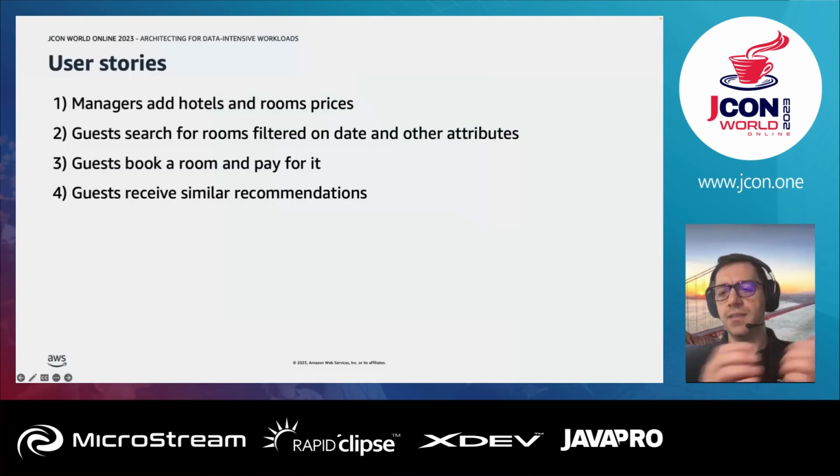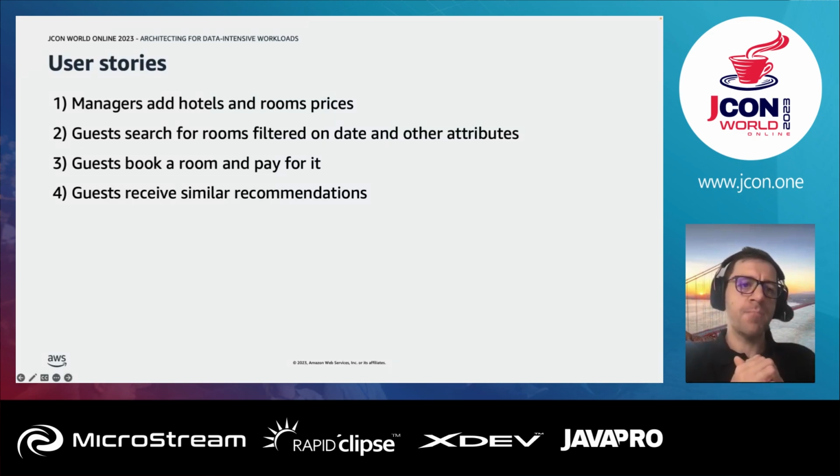How do we start such an application as a developer, maybe together with architects? Let's write some user stories, right? What needs to happen in our application? Maybe the managers of the hotels are adding their hotels and their rooms and their prices, like photos and description of the rooms, on one side. And then on the other side, we need a guest to search for those rooms, so we may need management of the searching of those rooms.